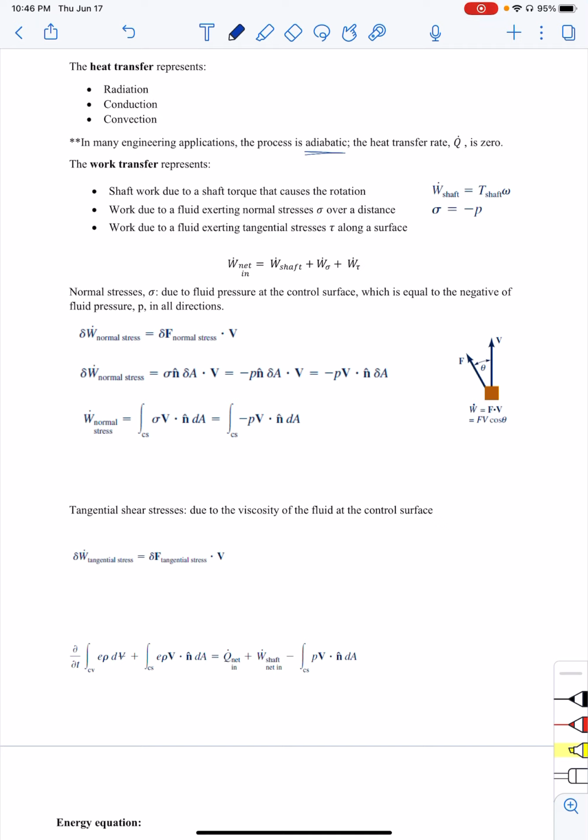So it means that we have a shaft work because of the shaft torque that causes the rotation.